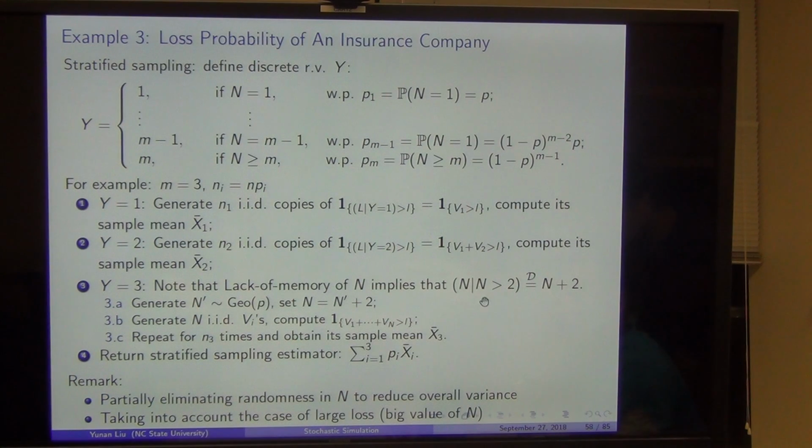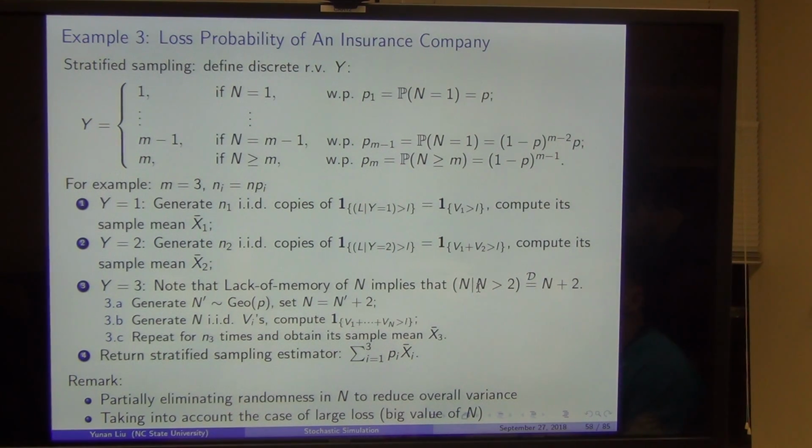So n given n greater than 2 is equal in distribution to n plus 2. So in this case, you know how many claims to generate. You generate a geometric random variable having probability p, and you just say, oh, I'm going to do n prime plus 2, because this is the case where I'm going to have n plus 2 many claims. That is the conditional distribution of a geometric given the geometric is greater than 2.